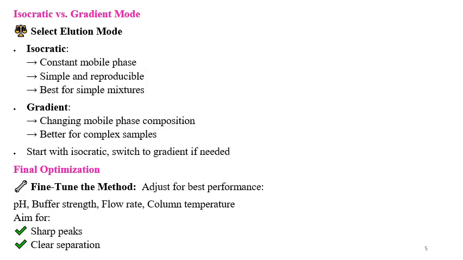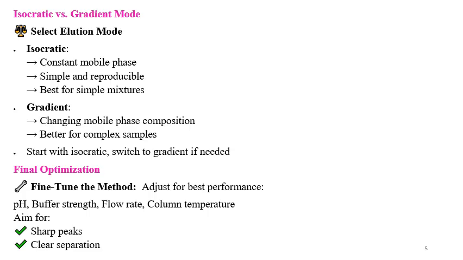There are different types of elution, like isocratic and gradient. So select the elution mode, whether it is isocratic or gradient. Isocratic provides you a constant mobile phase.